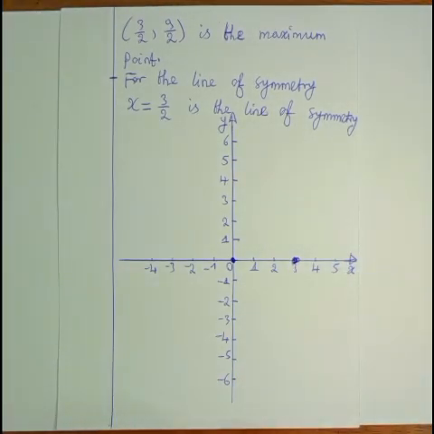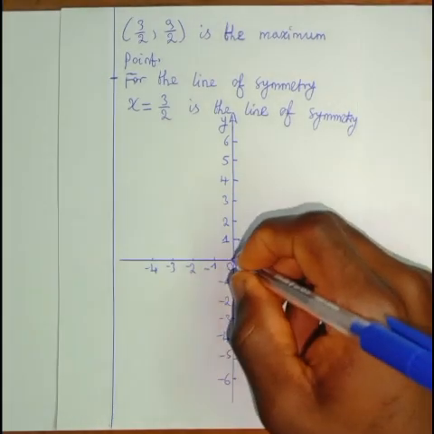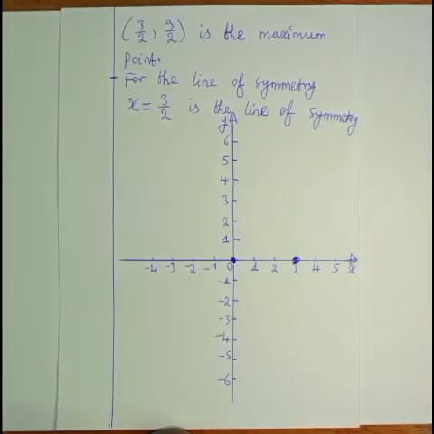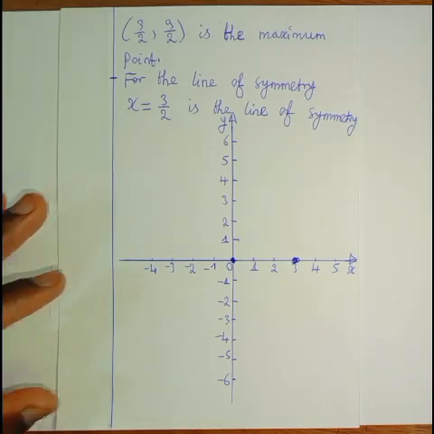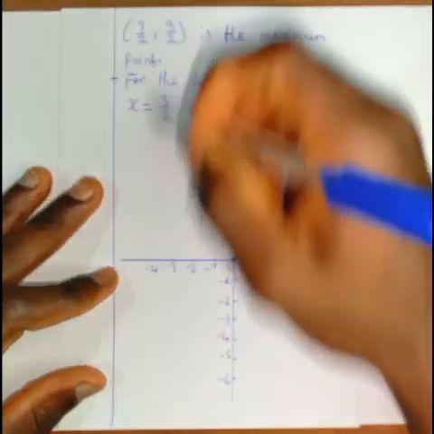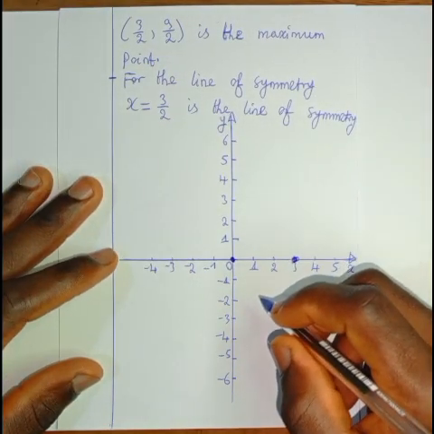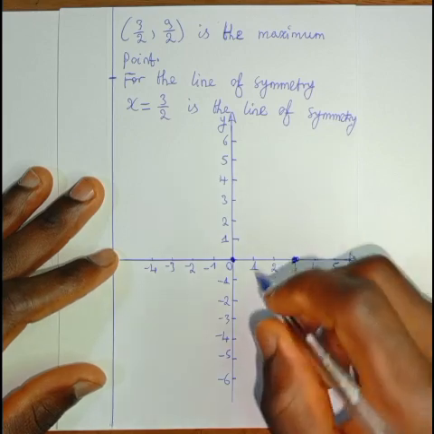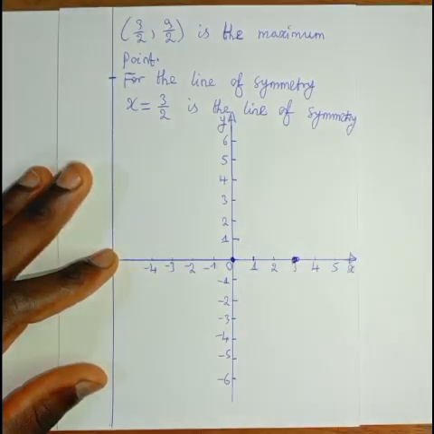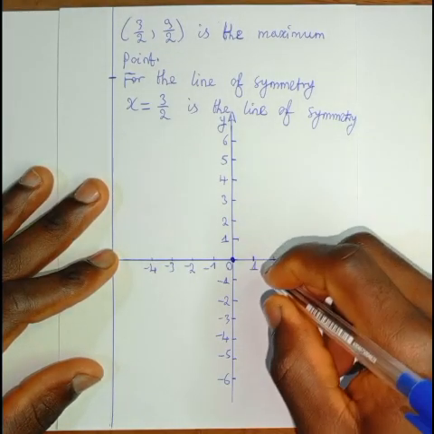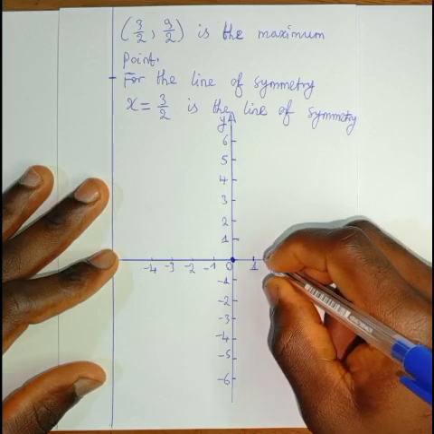Next we have to plot the y-intercept. The y-intercept is 0, 0, which is the same as the x-intercept. Now the next thing we move to is the maximum point. For the maximum point we have x as 3 over 2. You know 3 over 2 is 1 point something, 1.5, which is somewhere around here.